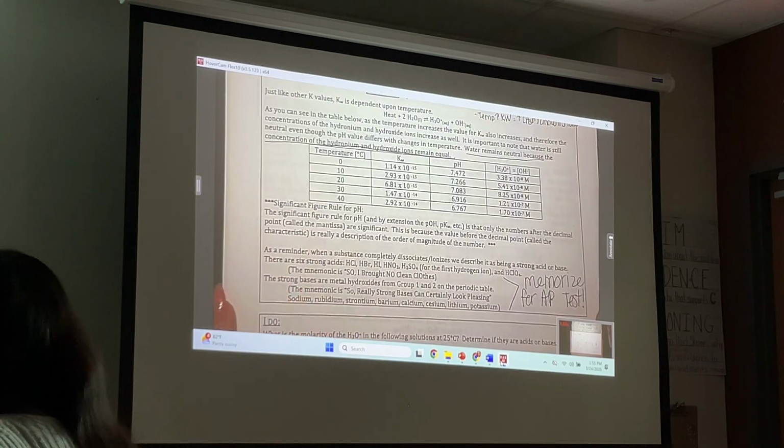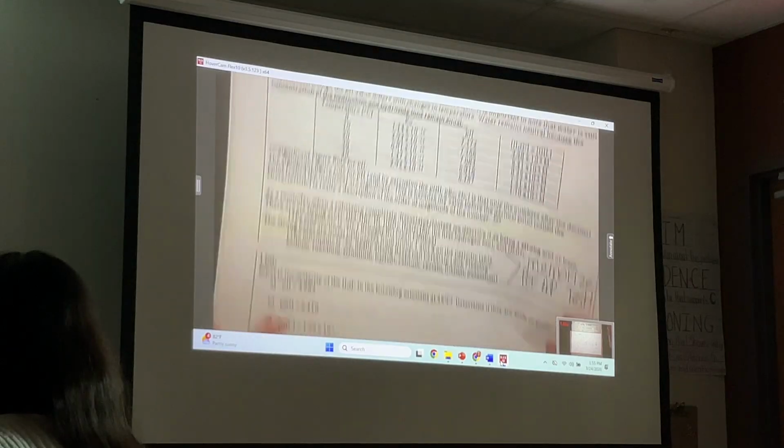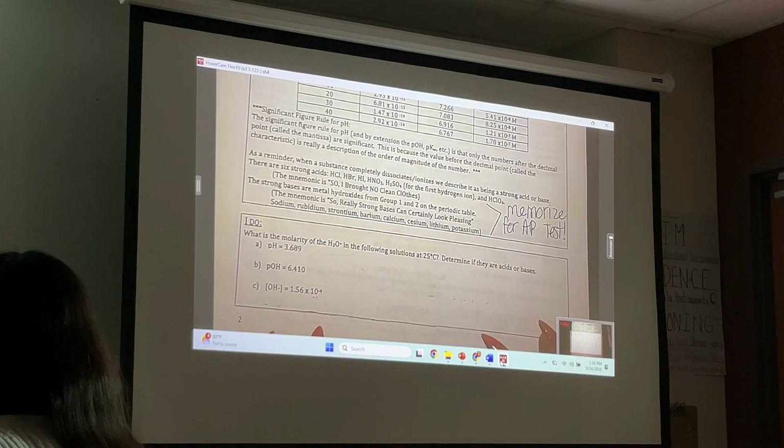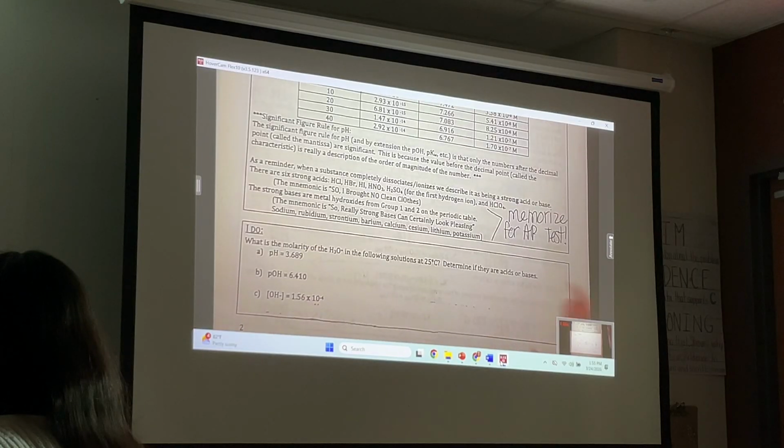Now, the one thing you do have to memorize when it comes to acids and bases for your AP test, because they will not give you these at all on your test, is the list of our strong acids and our strong bases. You have to have this in your head going into your test on May 5th. Unit 8 is one of the most highly tested parts, besides Unit 3, of the AP Chem test.